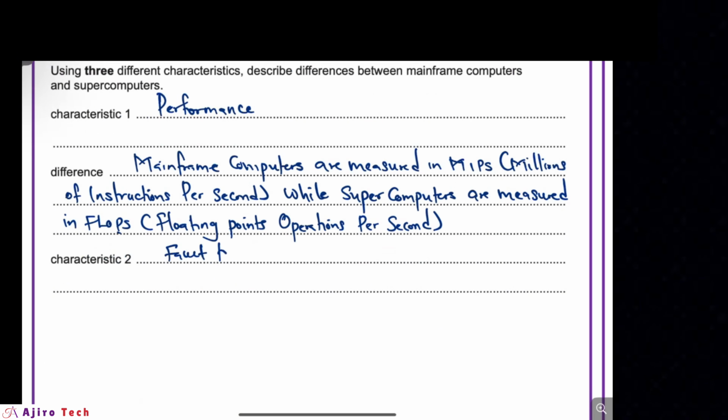Fault tolerance. Mainframe computers have a high fault tolerance.